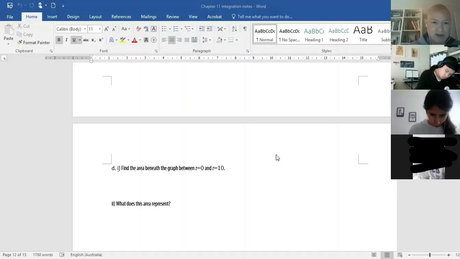Find the area between the graph of 0 to 15. So I'm going to go menu, and you can find the area. I'm just trying to think how to do it. No, not bounded. This graph. Right, okay.